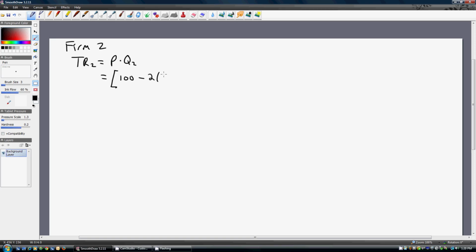So the market price from the previous screen would be given by this equation in brackets, and then multiplied by firm 2's output. We will simplify this once again.